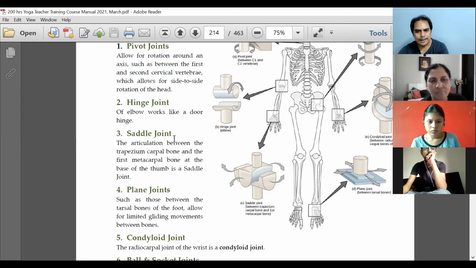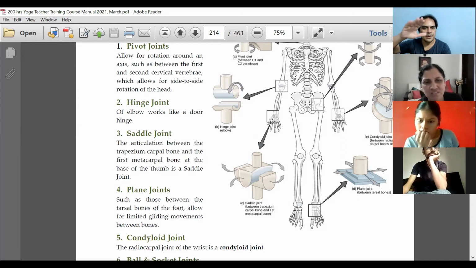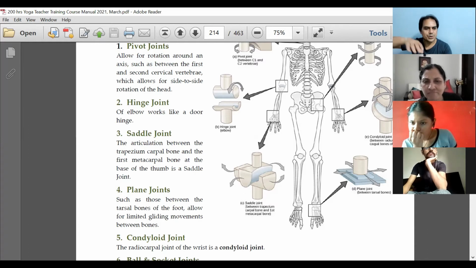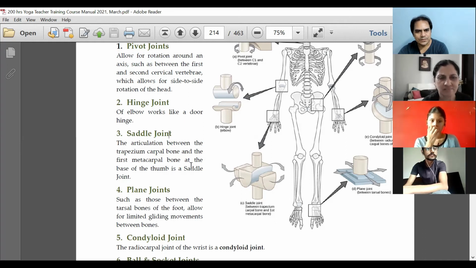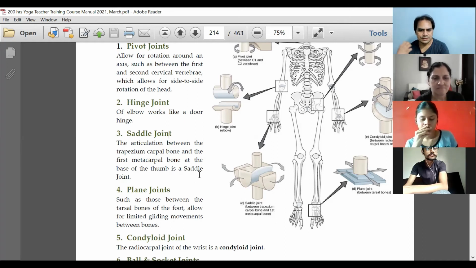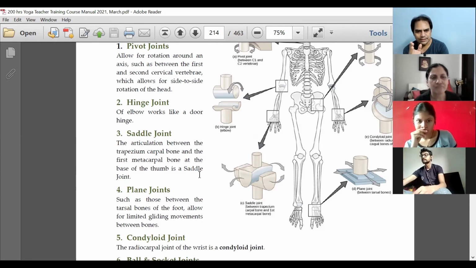So you can see the saddle joints in the fingers, in the carpals, right? In our hands and also in our feet. So saddle joints you can find in the hands and in the feet. That's called saddle joints. That articulates the bones. First metacarpal bone at the base of the thumb is a saddle joint.